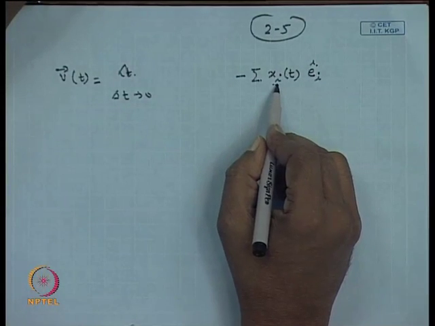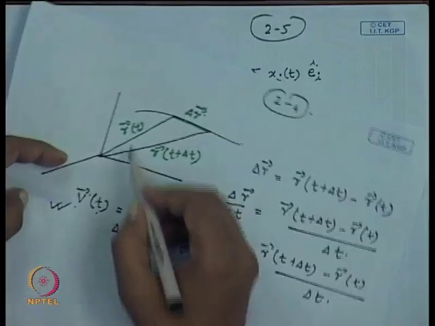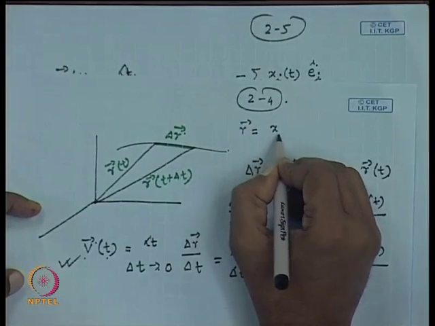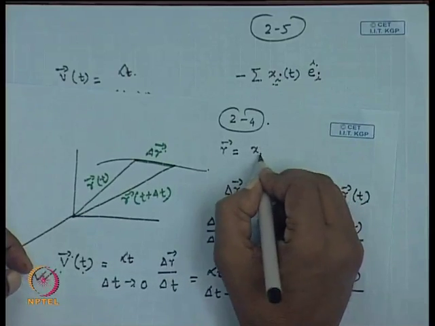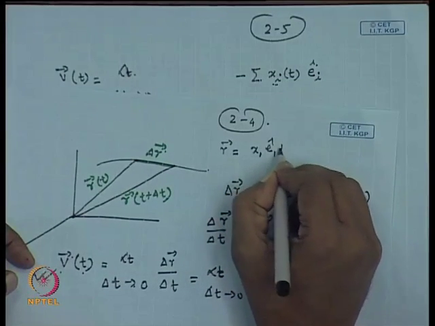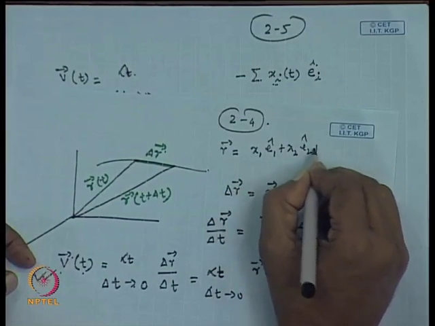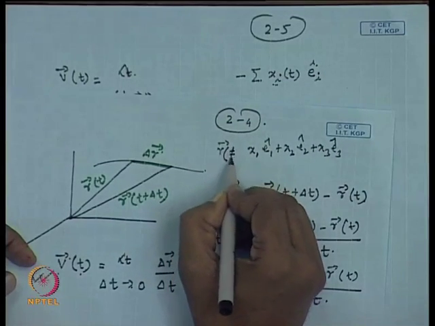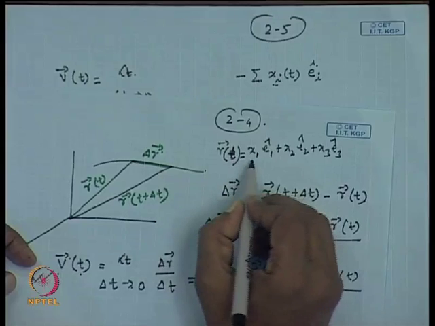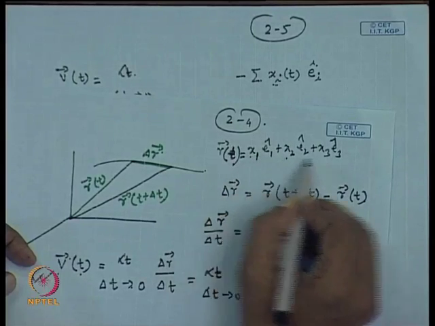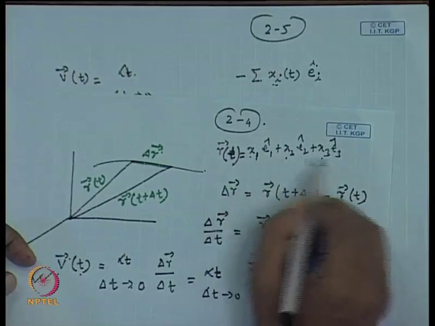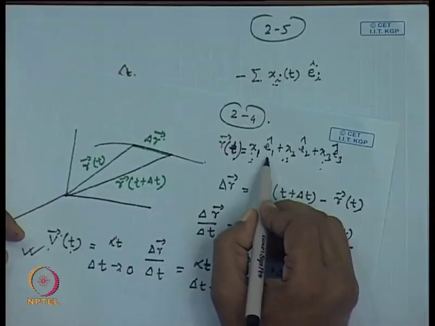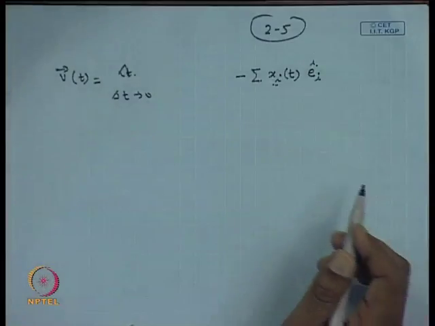So, this is the ith component of the radius vector. So, this is the radius vector r, which is composed of x 1 E 1 cap plus x 2 E 2 cap plus x 3 E 3 cap, and here we are putting t to indicate that this is at time t. So, with x 1, x 2 and x 3 also the time tag will come, which we have not shown here, and these are the components of this radius vector along the E 1, E 2 and E 3 directions.